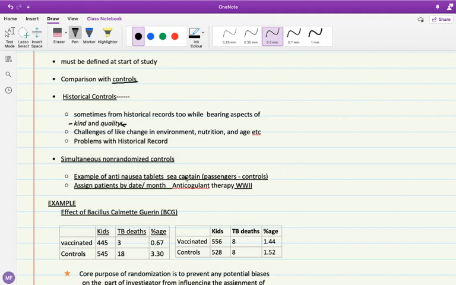Upon his return, he says that all the tablets work very fine, in contrast to what we have noticed in the controls. Now, the controls were all those individuals who were normal passengers, and the captain took a sort of bias and gave these tablets all to the seamen. The captain was given these samples of anti-nausea pills to test during the journey, so the need for control was carefully told to them.